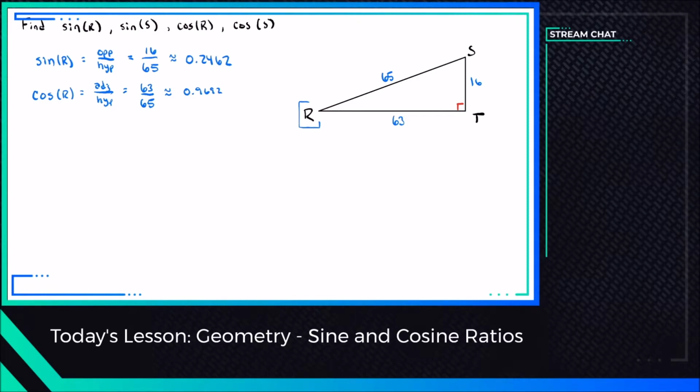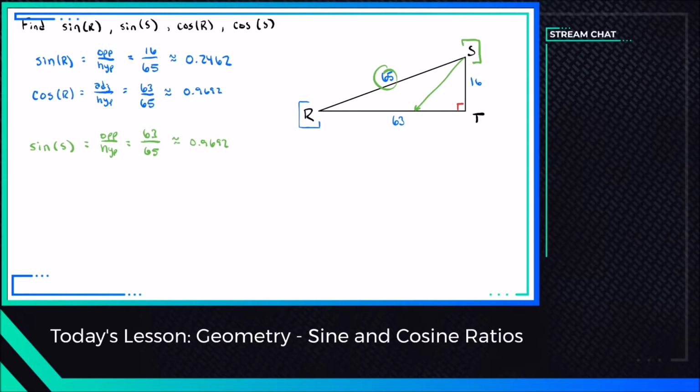So now we can do the same thing with angle S. Let's take a look at the sine of angle S. Once again, that's going to be opposite leg over the hypotenuse, and the opposite leg is going to be 63, and the hypotenuse is going to be 65, so that's approximately 0.9692.